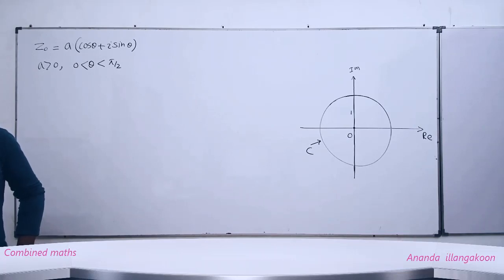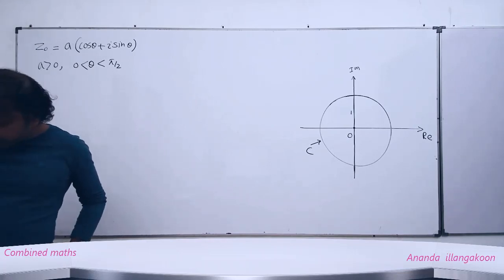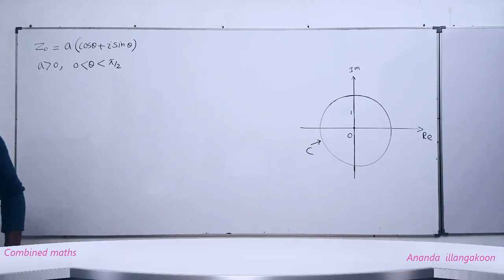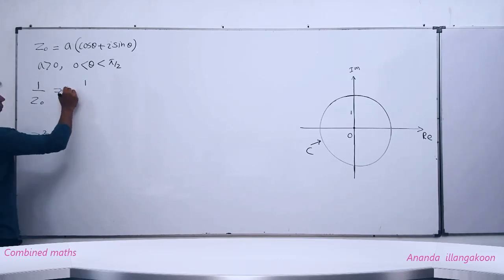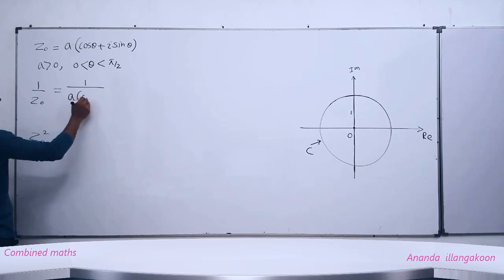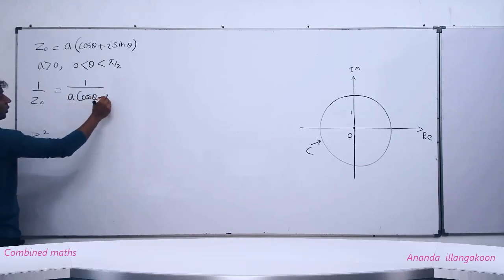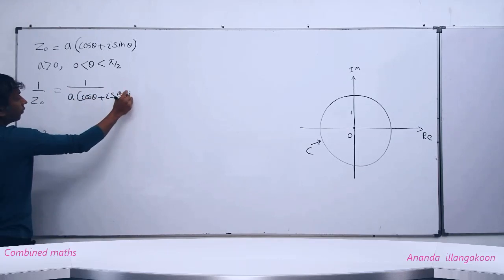It's asking this, people. Find the modulus in terms of a and the principal argument in terms of theta of each of the complex numbers 1 upon z naught and z naught squared. 1 upon z naught, people, is 1 over a cos theta plus i sin theta.